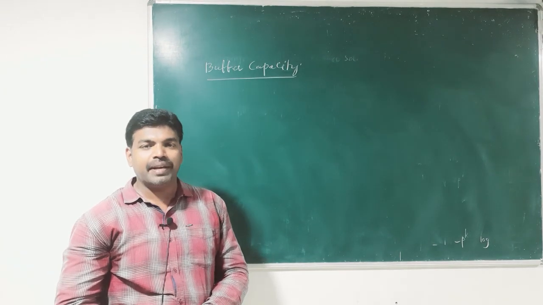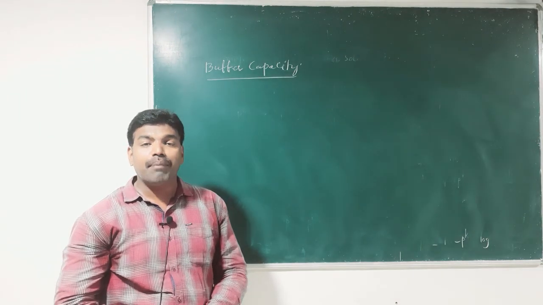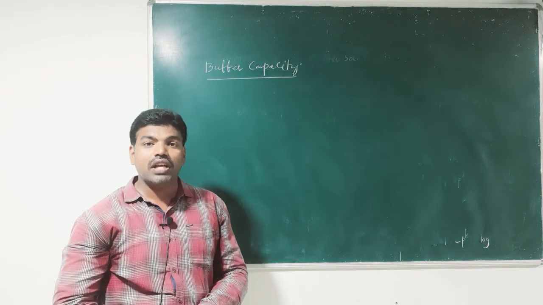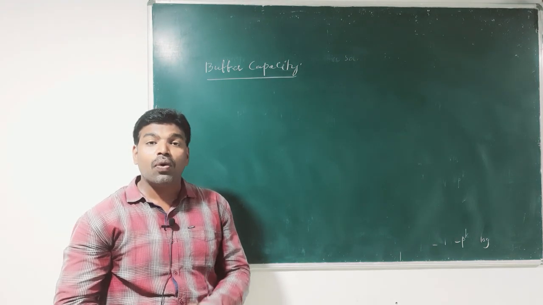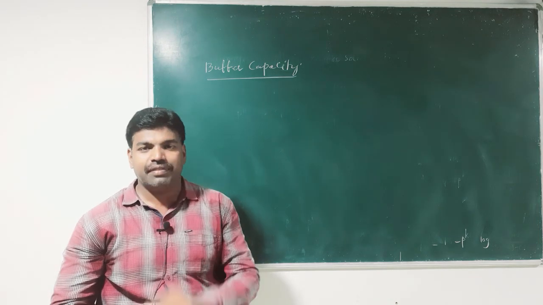Okay, I repeat, buffer capacity is defined as the number of moles of acid or base that causes a change in pH of 1 liter buffer solution by 1 unit.